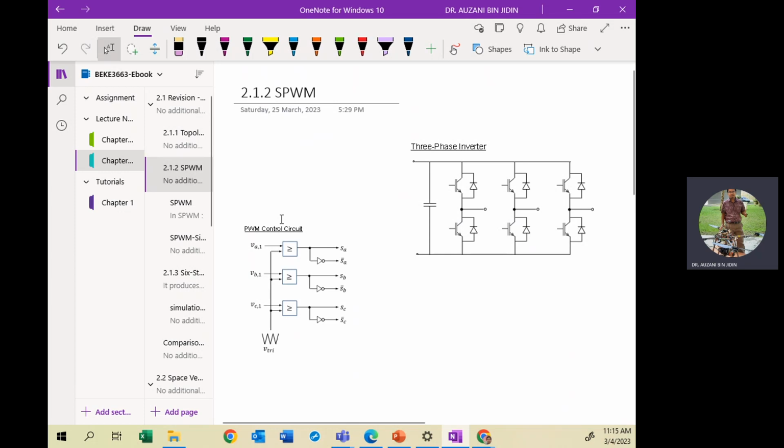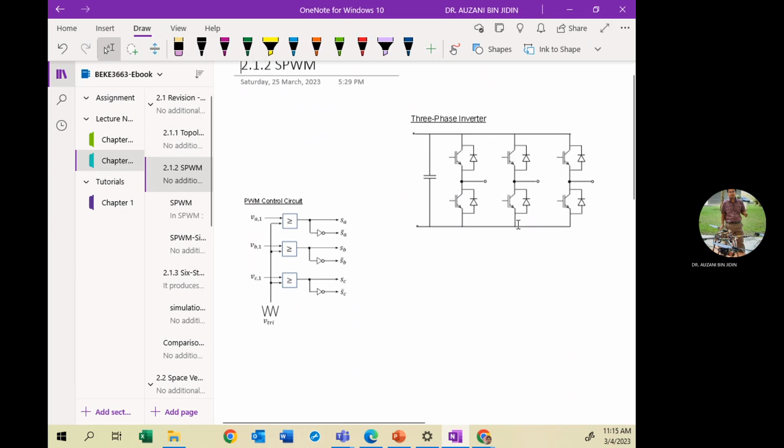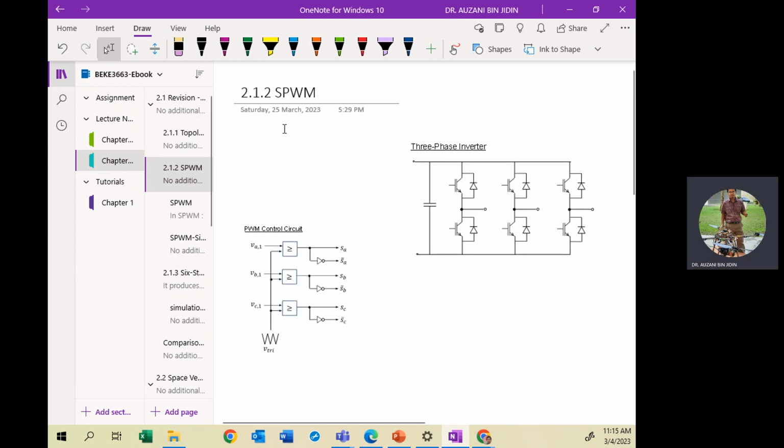The PWM signal or switching state is responsible for driving the power switches to produce the AC voltage. In this technique, the generation of the switching state is based on the comparison between the modulating signal and a single triangular waveform, or carrier waveform.